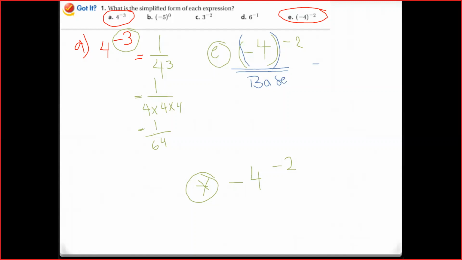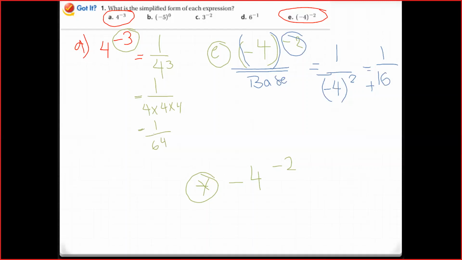So if I want to write its reciprocal, it will be 1 over negative 4. And what is the opposite of negative 2? Exactly. So it will be 1 over negative 4 squared. It will be what? Negative 4 times negative 4, positive.